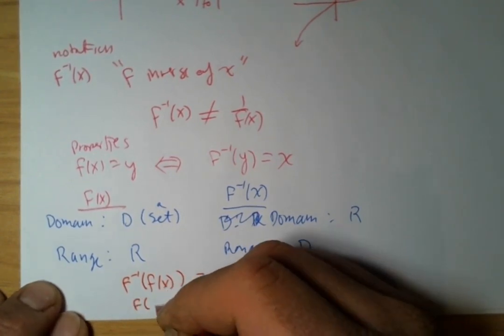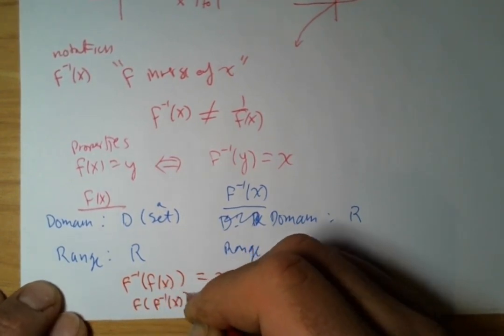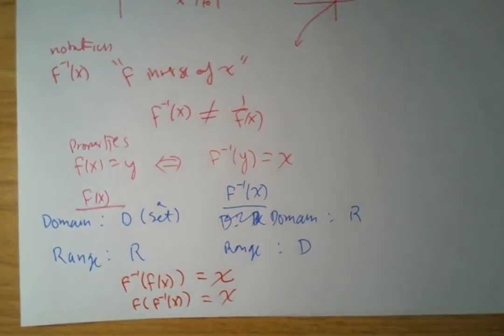Even if we reverse it, if we do it this way, both of these conditions must be true. So if given two functions, make sure you check both of these compositions. In general, composition is not commutative, but if they are inverses, then it will be commutative, and that resulting operation will be simply the value of x. All right, so thank you.